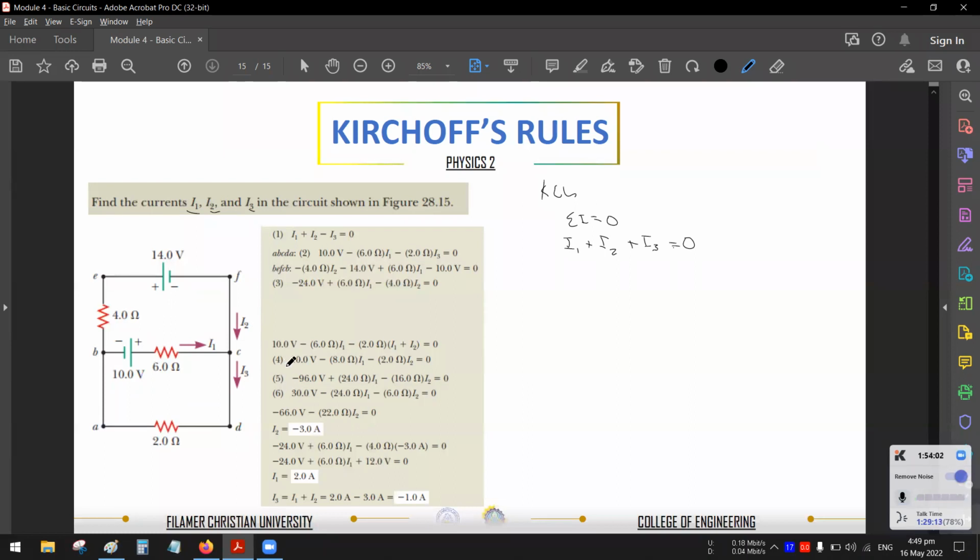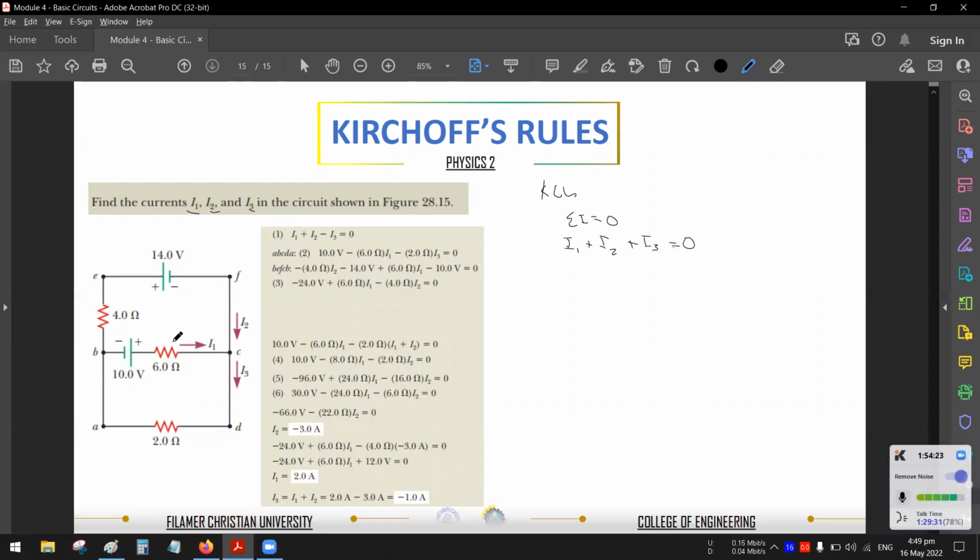Alright. So, we'll just use the first loop and second loop. Okay, the ABCDA and the BEFCB. So, let's choose to traverse these loops in the clockwise direction.